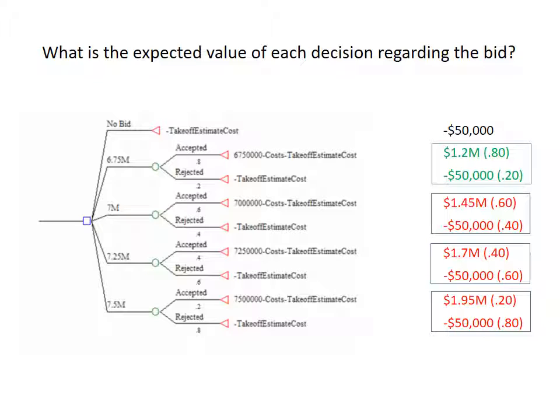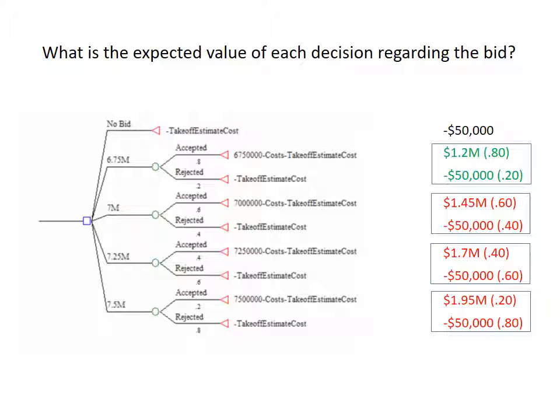If we bid $6.75 million, we have an 80% chance of making $1.2 million and a 20% chance of losing $50,000. If we bid $7 million, we have a 60% chance of making $1.45 million and a 40% chance of losing $50,000. If we bid $7.25 million, we have a 40% chance of making $1.75 million and a 60% chance of losing $50,000.